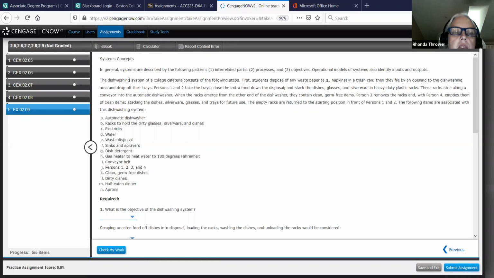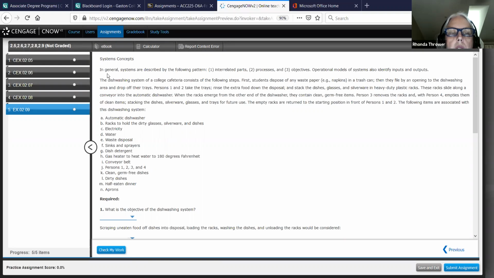So this is just giving you some practice on learning the different terminology that's associated with systems concepts, and it's giving you kind of a think through problem that you're going to be working here. First of all, it's very important that you read all of your instructions here so you'll know what's going on within the problem.